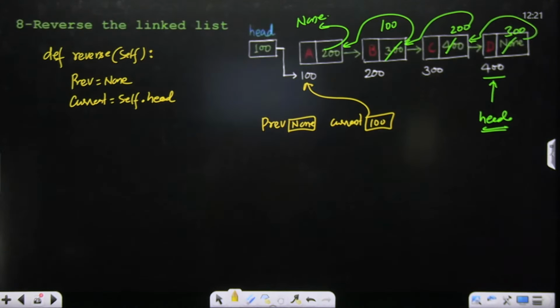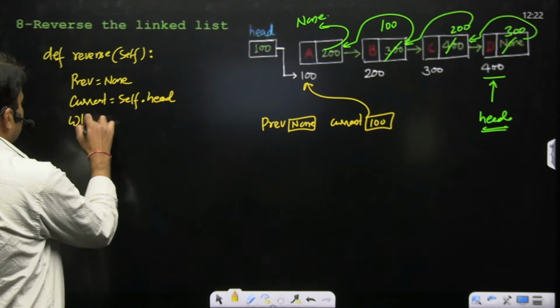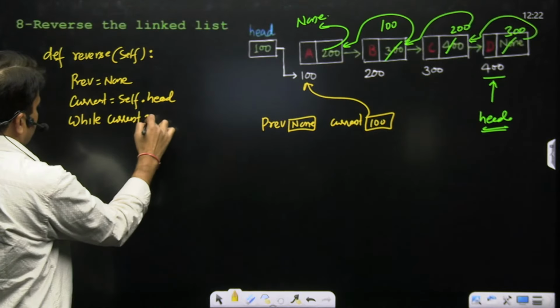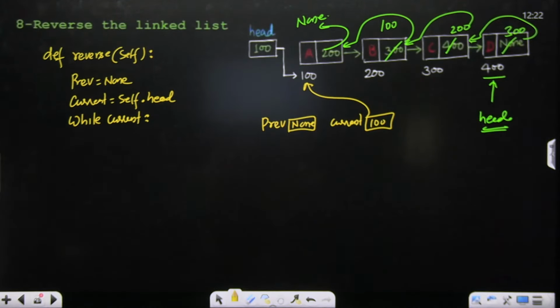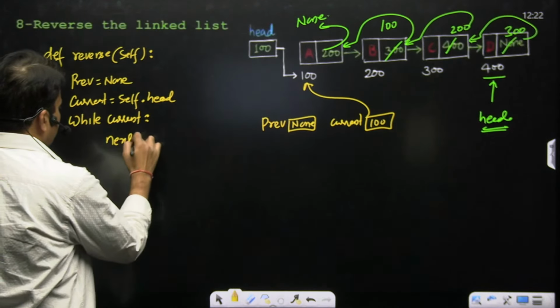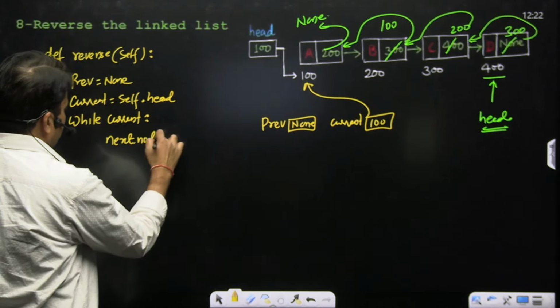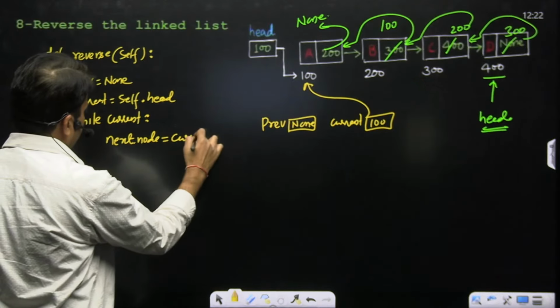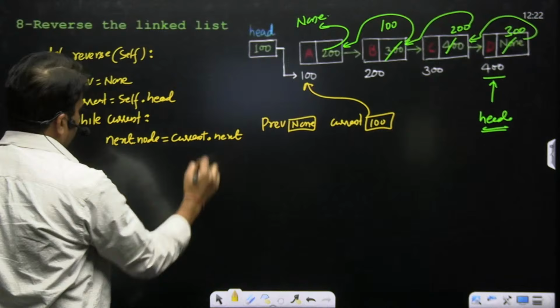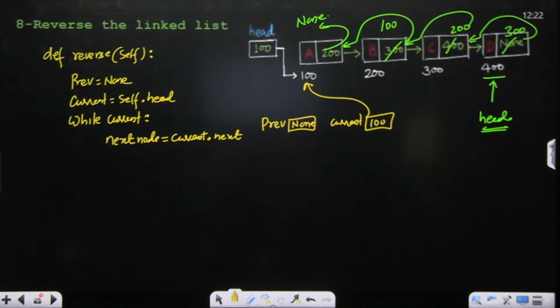And check while current is not none. Current जब तक not none हो, right? Next node equals to current dot next.